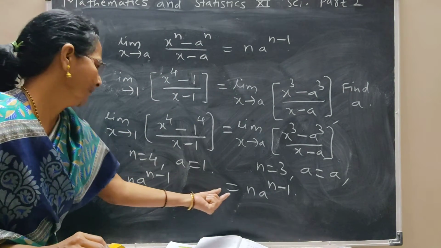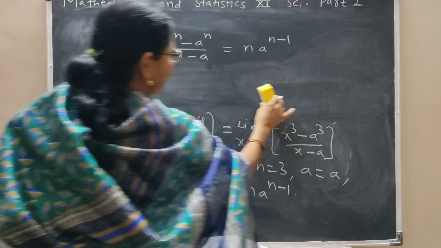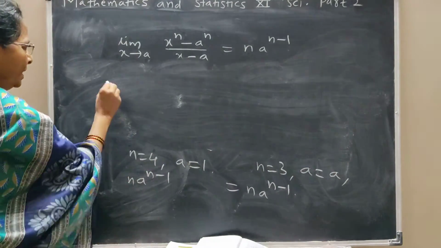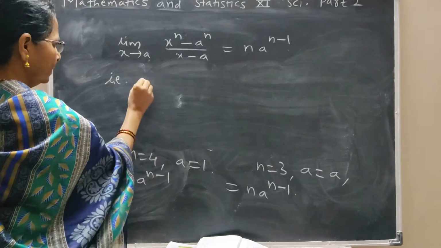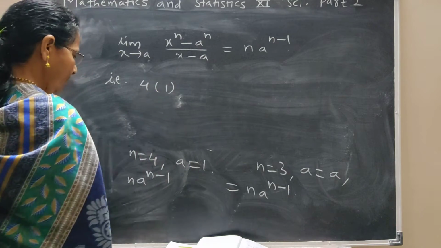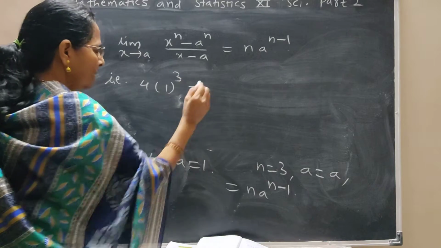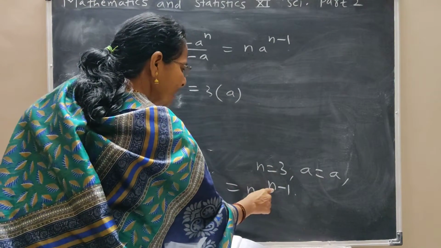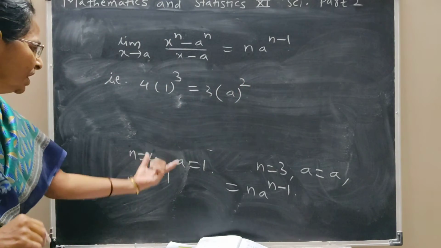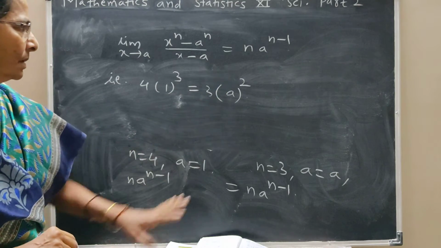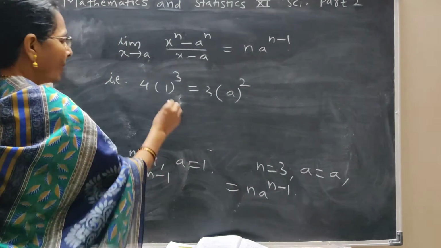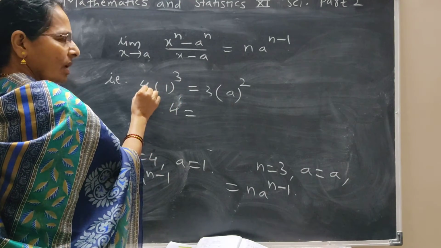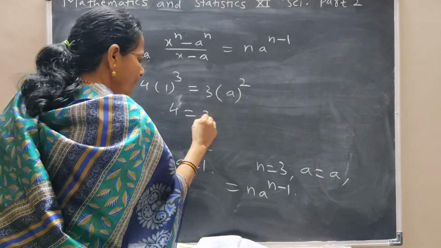Since in the question there is an equal sign, use the formula and put values: n is 4, a is 1, n minus 1, 4 minus 1 is 3, is equal to n is 3, a is a, n minus 1, 3 minus 1 is 2. 1 raised to 3 is 1, so this side is 1 into 4, that is 4, equal to 3 into a raised to 2.